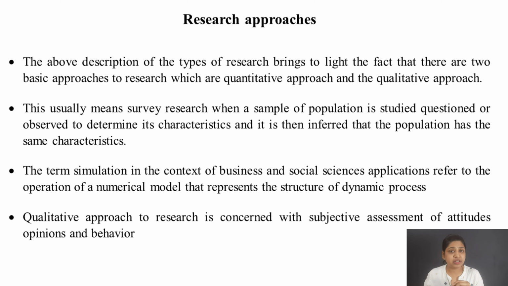The term simulation in the context of business and social sciences applications refers to the operation of a numerical model that represents the structure of a dynamic process. Qualitative approach to research is concerned with subjective assessment of attitudes, opinions and behavior.